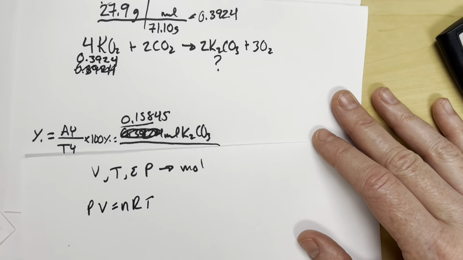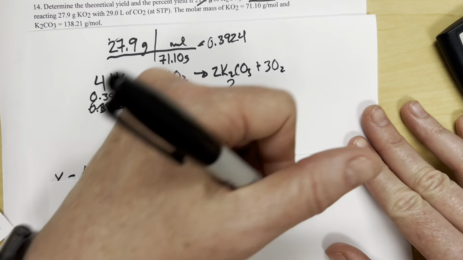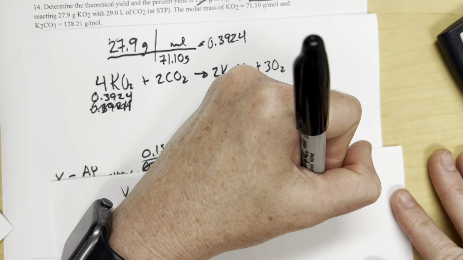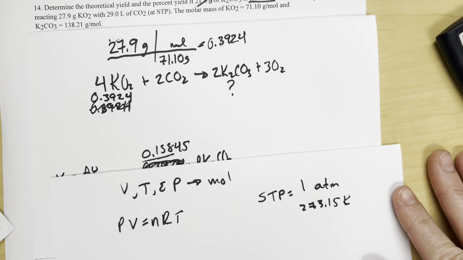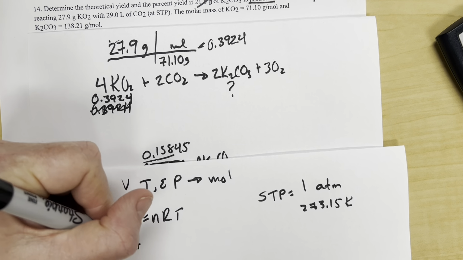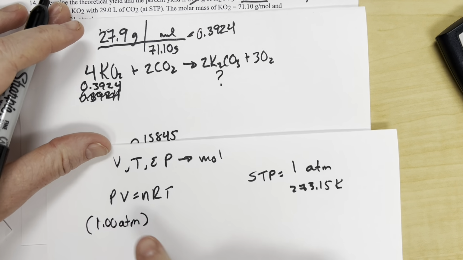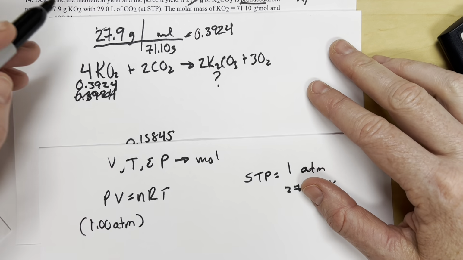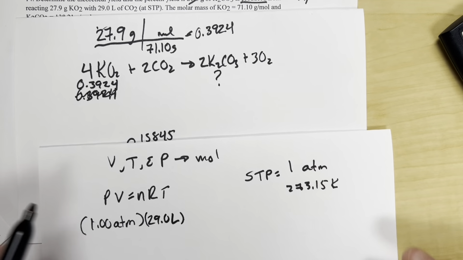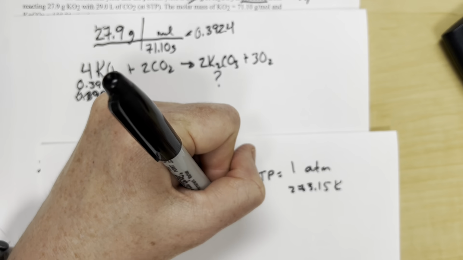Okay, let's start with the pressure. The pressure given at STP, remember STP, is 1 atm and 273.15 Kelvin. So the pressure is 1.00 atm. I do 1.00 to remind myself that I'm working with an actual number. The volume is 29 liters. I'm setting that equal to the moles, which I'm trying to find, R, which is 0.0821.